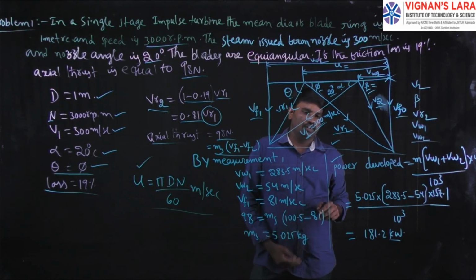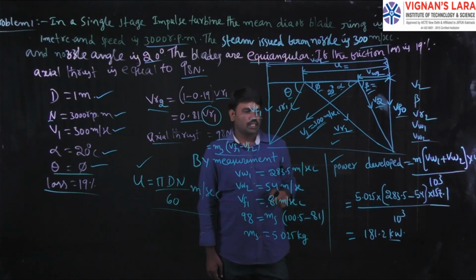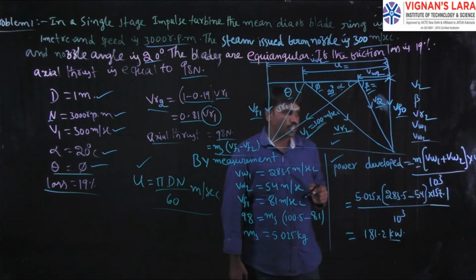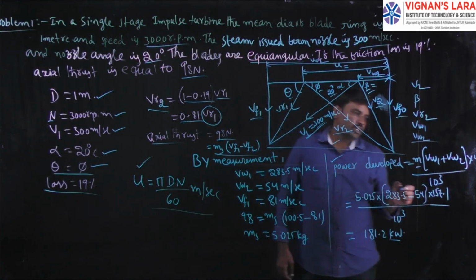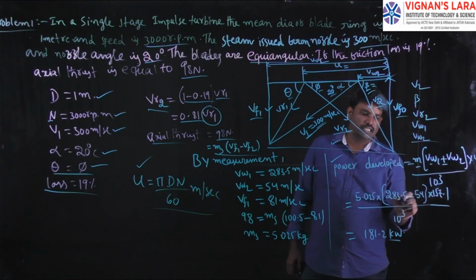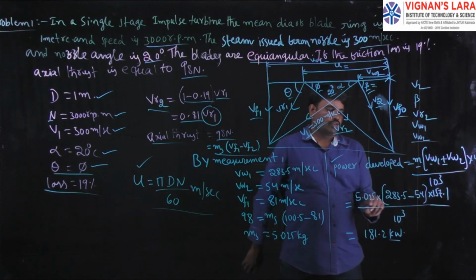Every performance parameter also you can easily evaluate. In the present problem we have to measure the power developed by the turbine. The formula for power developed by the turbine is mass flow rate into (Vw1 plus Vw2) into U. Whether it is plus or minus, always we are taking the plus of the magnitudes.